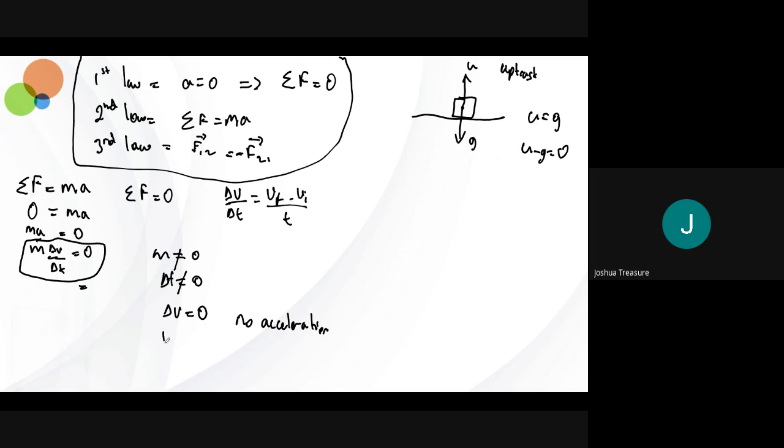Therefore, the final velocity is equal to the initial velocity. This is not what we're used to from CSEC, but it's a step up. If I say show that there is no acceleration, or prove Newton's first law, you should be able to do this.